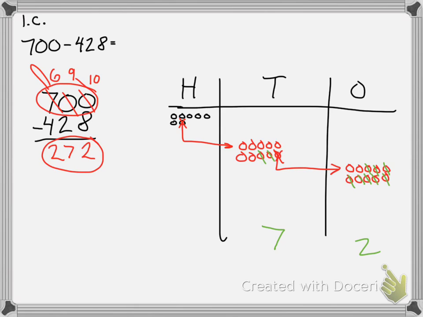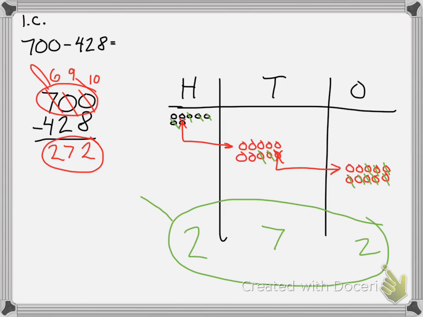And then I have to come over here and subtract 4 of these in the 100 spot. 1, 2, 3, 4, which leaves me with 2. And so once again, we have checked our answer.